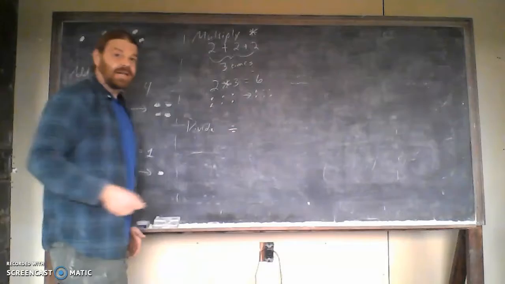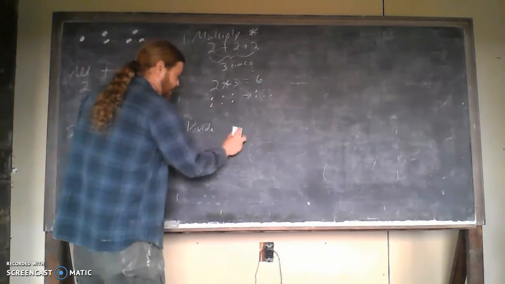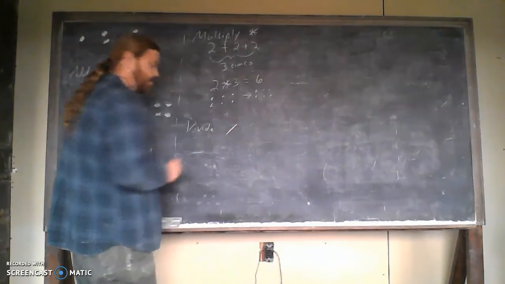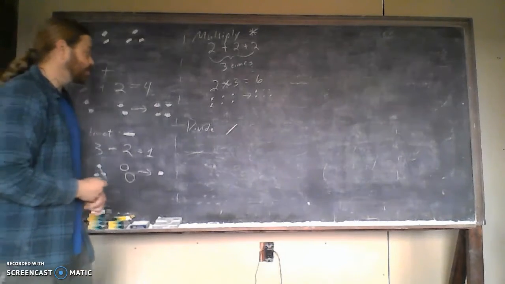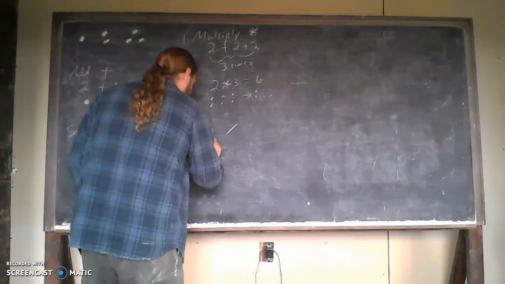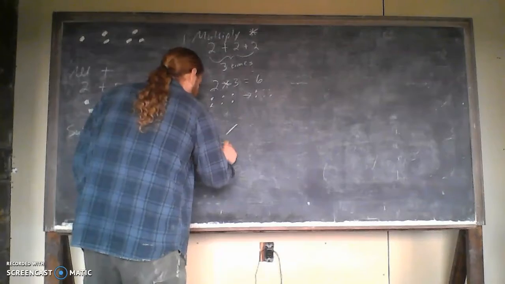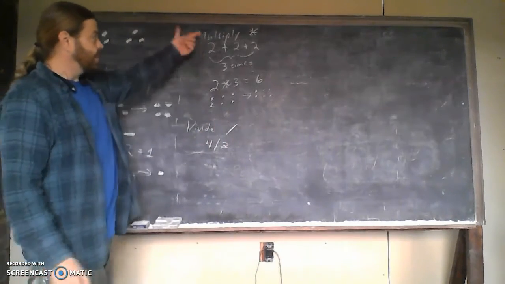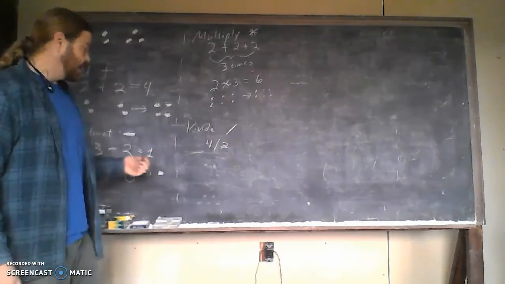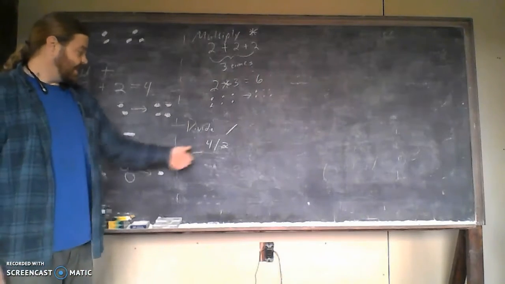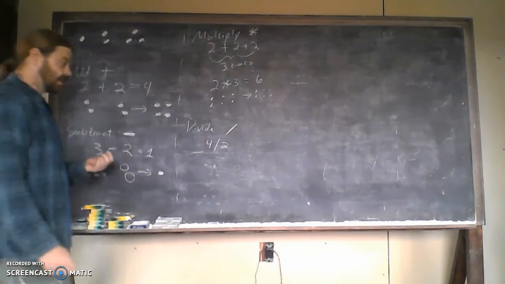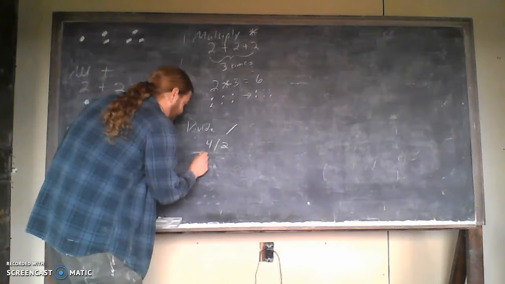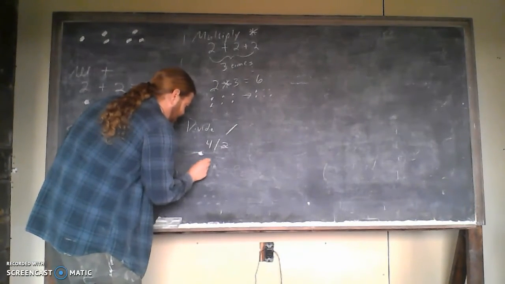So that's the symbol we learned back in elementary school, but for programming, we typically use the slash. So that's what I'm going to write here. So let's say 4 divided by 2. Same way multiplication is repeated addition, division is repeated subtractions. So we're going to start, just the counting version, start with 4 dots.